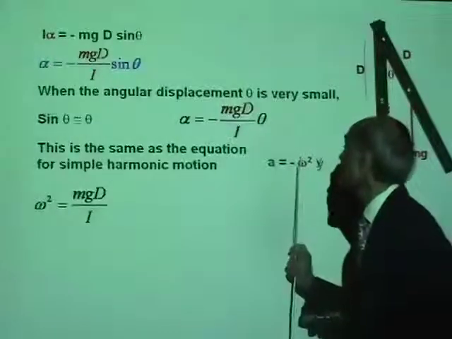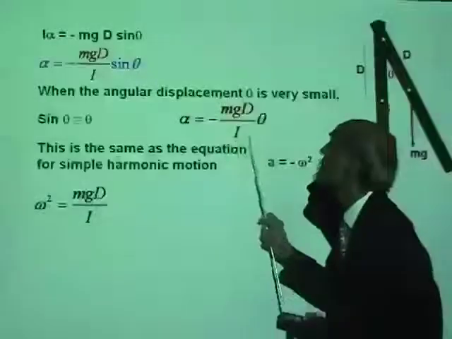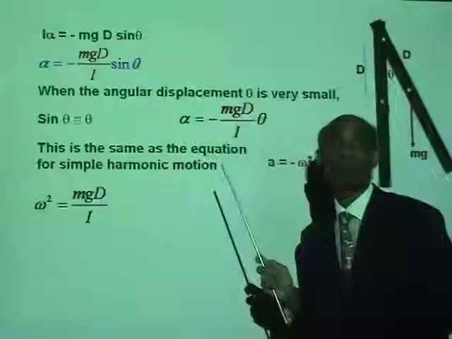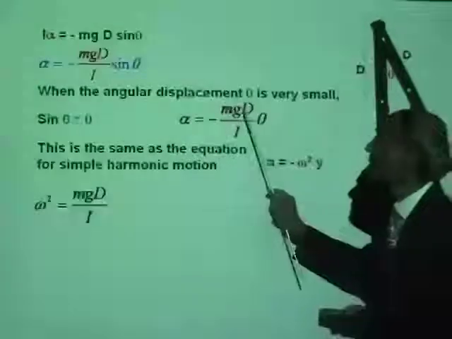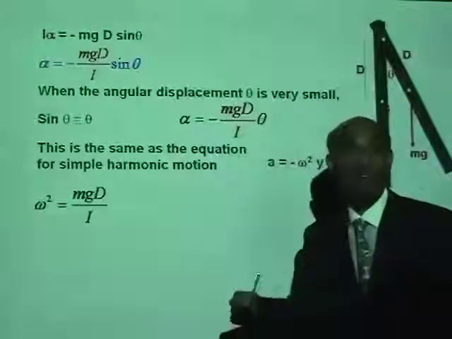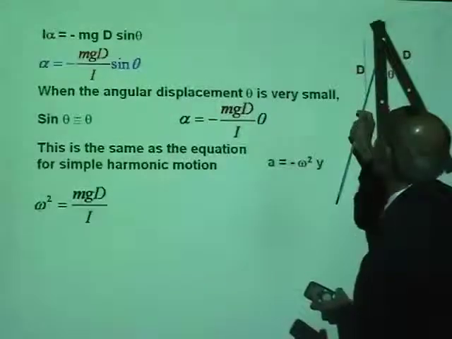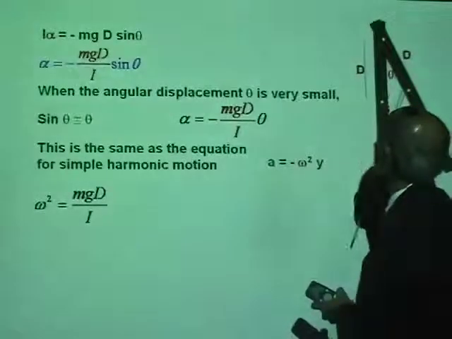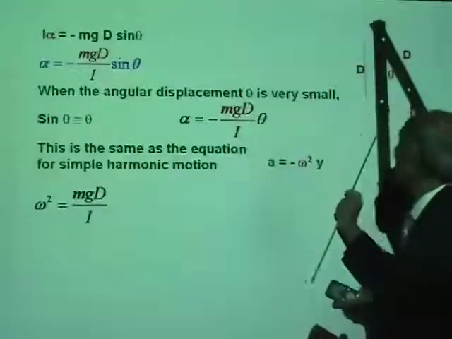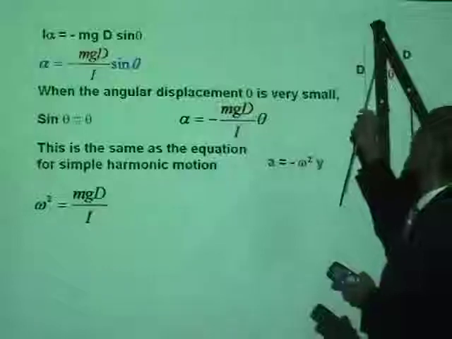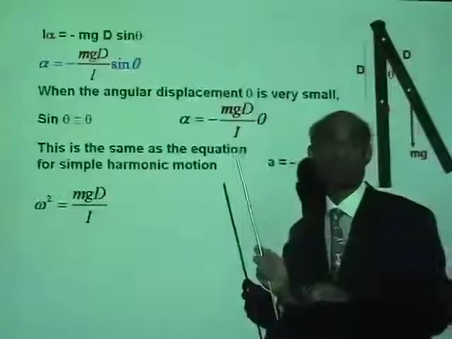We can now say omega squared equals mgd divided by I, where m is the mass of the ruler, g is the acceleration due to gravity, a constant, d is the distance of the point of suspension from the center of gravity, and I is the moment of inertia of this ruler about an axis through the point of suspension.